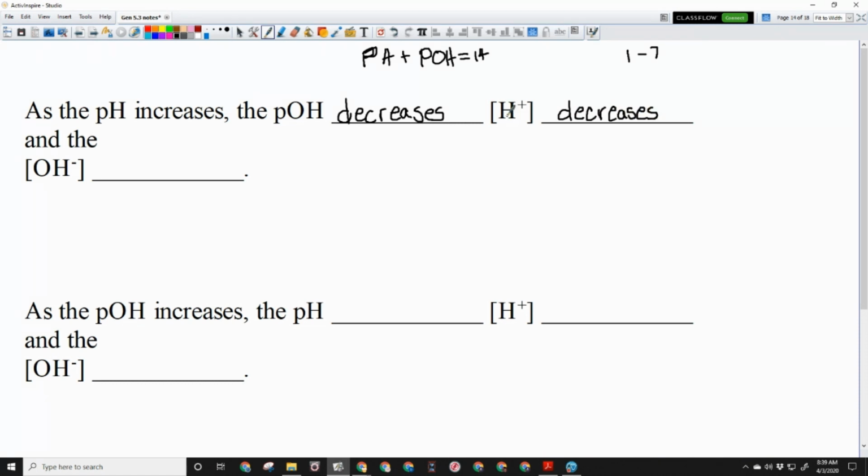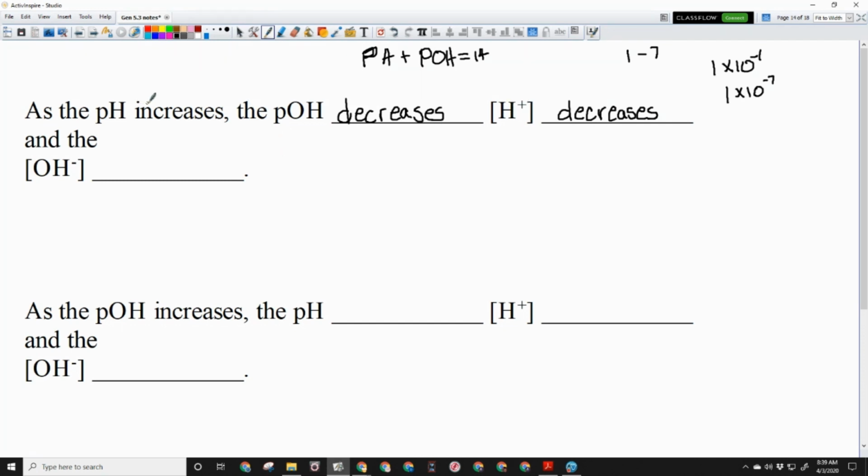Because the strongest acid is going to be 1 times 10 to the negative 1. As you go up in the pH scale, there's less and less of these hydrogen ion concentrations. Because a real strong acid has a big concentration of hydrogen ions. A weak acid has very few.